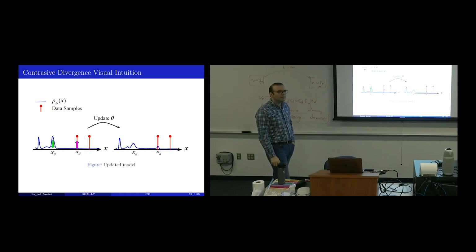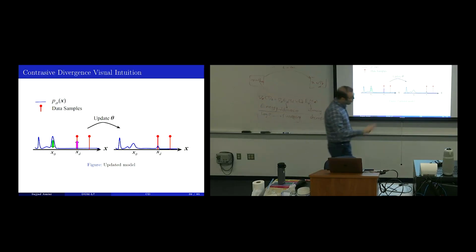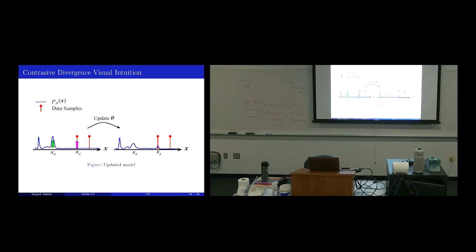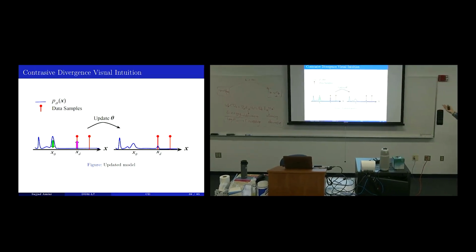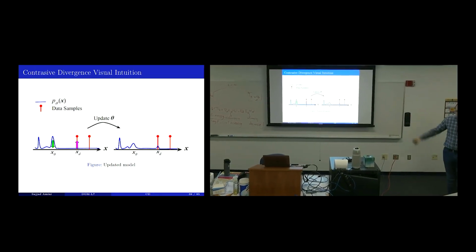Does it change by the same amount? No, that's not guaranteed. At the end of the day, you do not come up with a distribution which is normalized, but you come up with a more meaningful method to update your model. You cannot guarantee that the model is normalized, because you can see that we do not do anything with the normalization and the partition function.